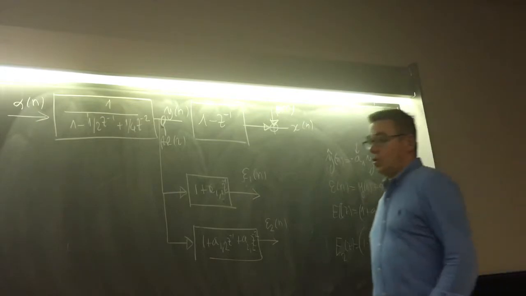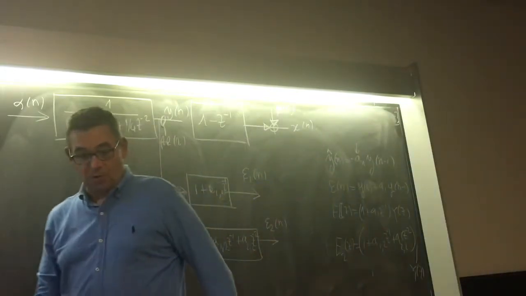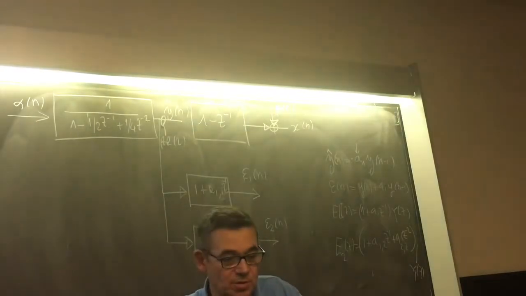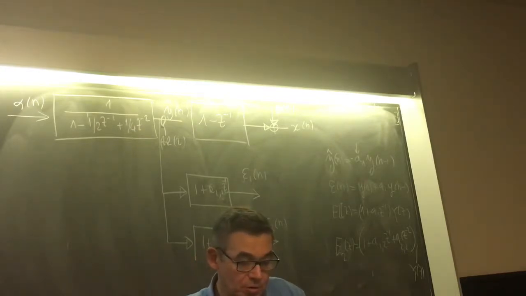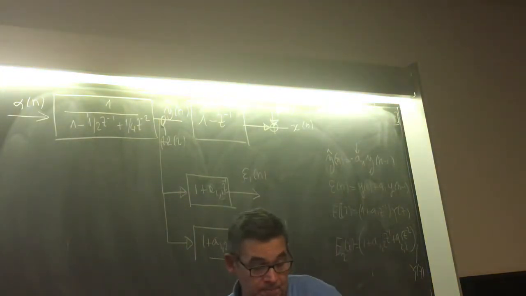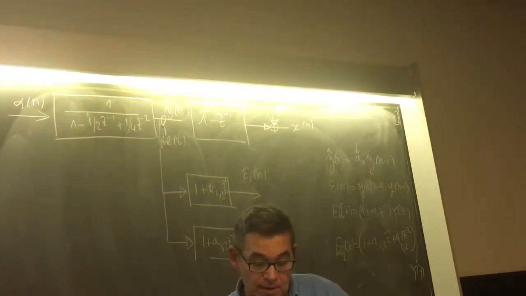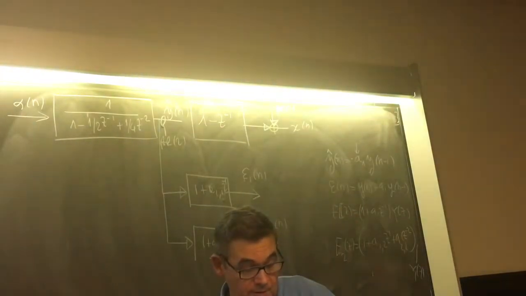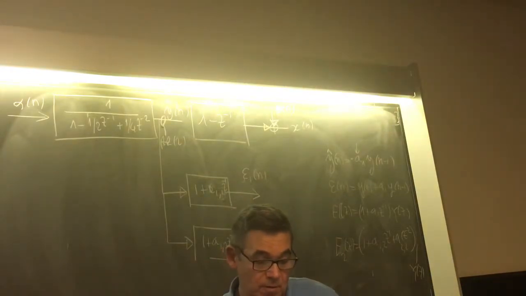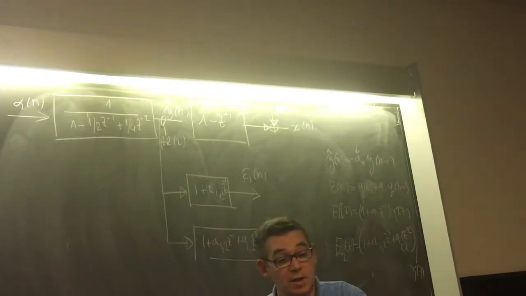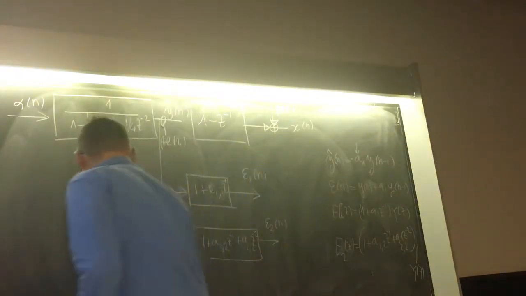Now, looking at the poles, where is their position? Let me sketch it. I'm computing by MATLAB the roots of 1 minus 0.5 and 0.25. The two roots are positioned this way.